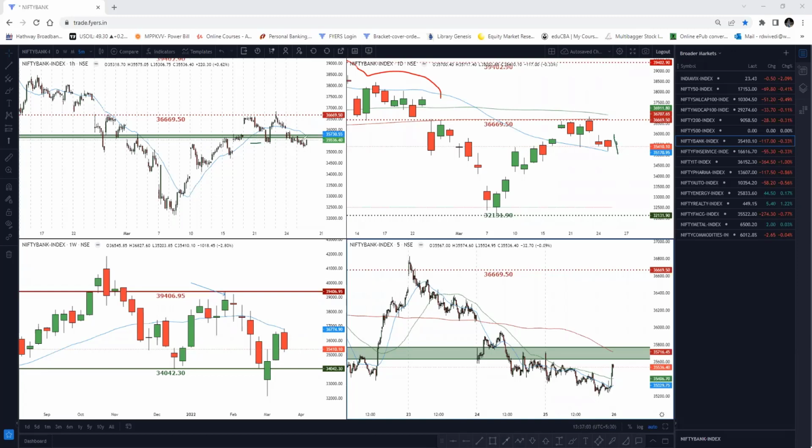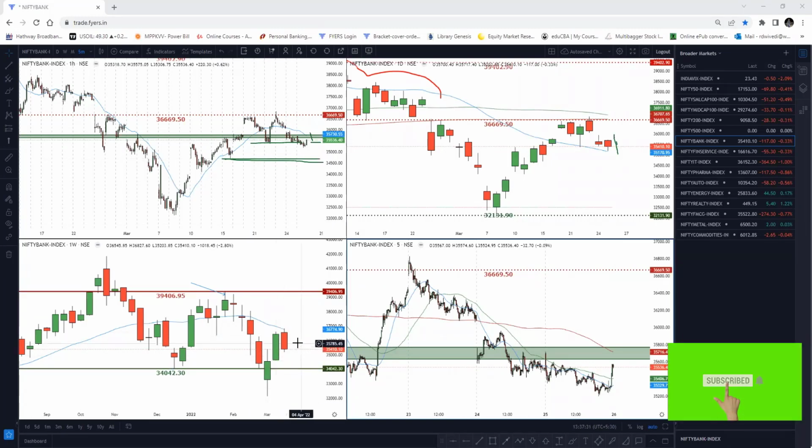We can see in the hourly time frame as well that it has broken the support, and up until here we do not have any reference point where prices might get stopped. So if prices open gap up and then start to move down, we will definitely take the short trade up until this target here, which is around 34,725.